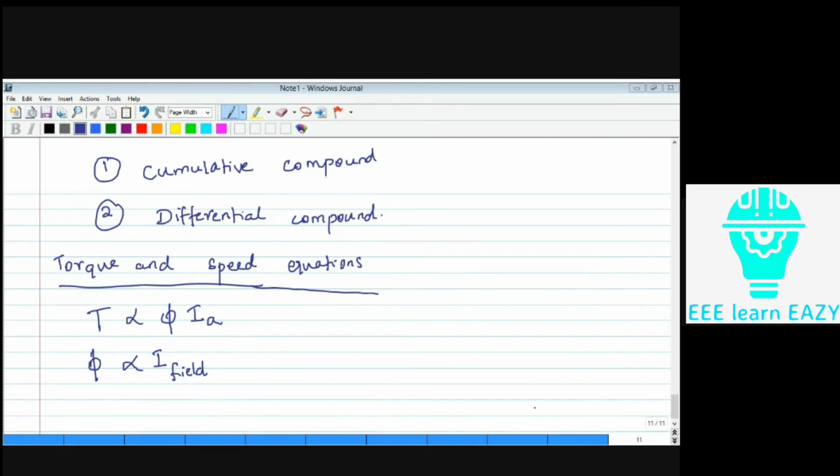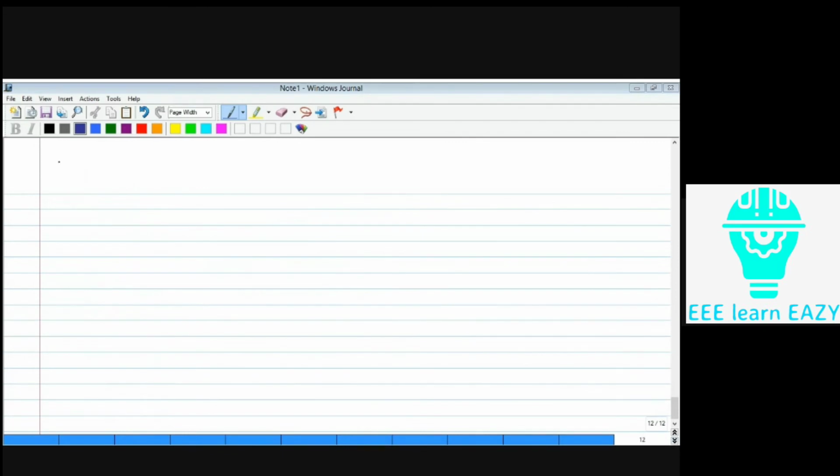So let's take a DC shunt motor. For a DC shunt motor, we said I shunt is constant. The field current I shunt is constant because as long as we are not changing the voltage, it is not going to change. Therefore, flux is constant.